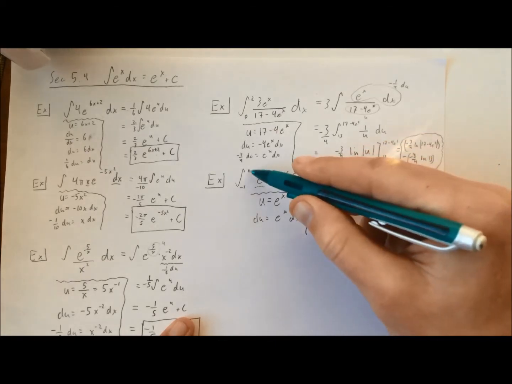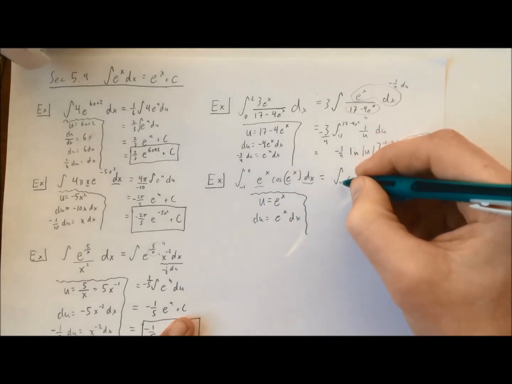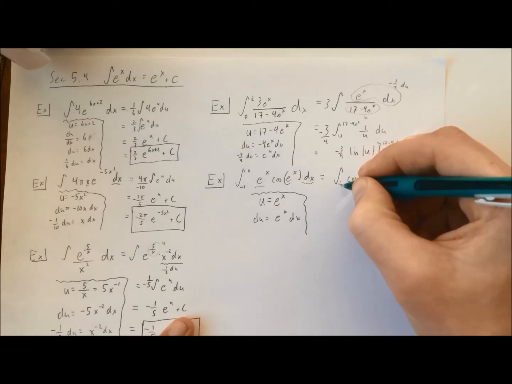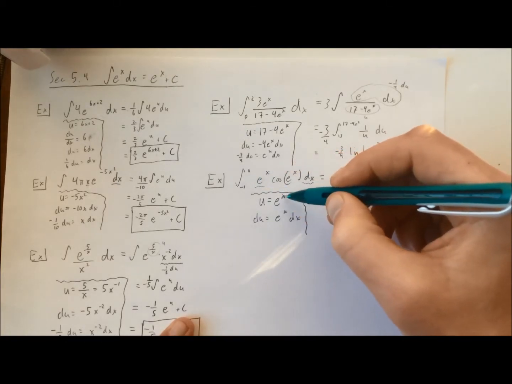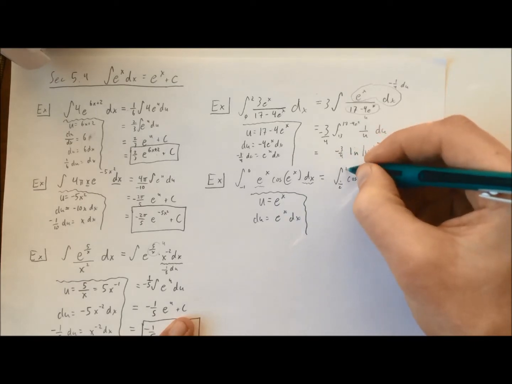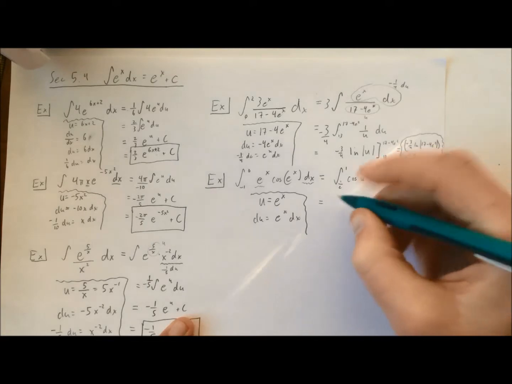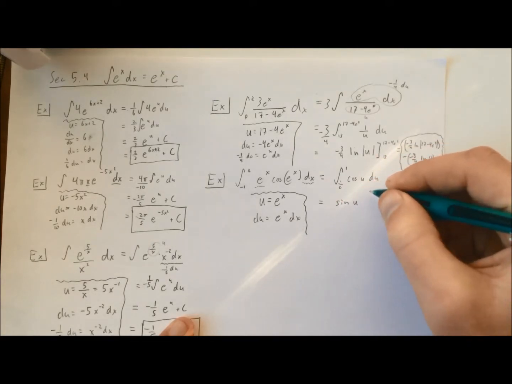Let's plug in our limits here. Negative 1 into e to the x is going to be just e to the negative 1, or 1 over e. If I plug in 0 in for x right there, that's going to give me just 1. What's the antiderivative of cosine? Sine. You're absolutely correct. The sine of u.